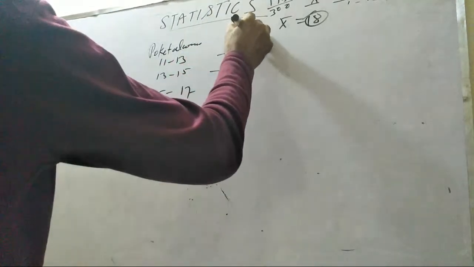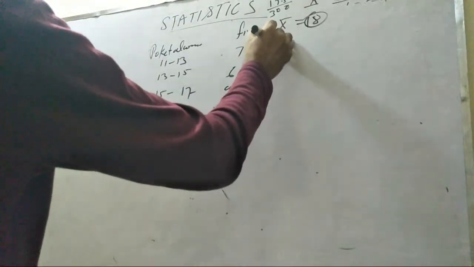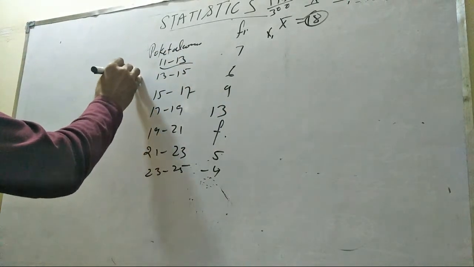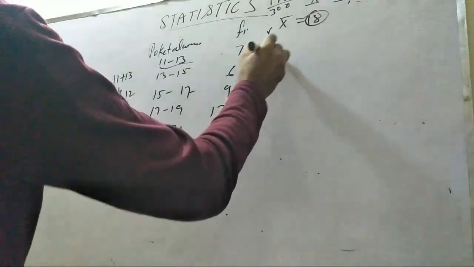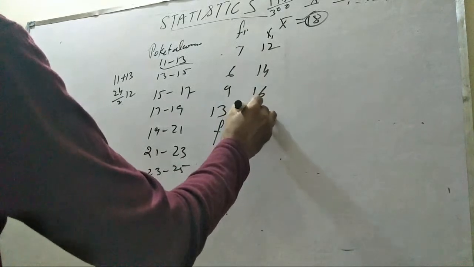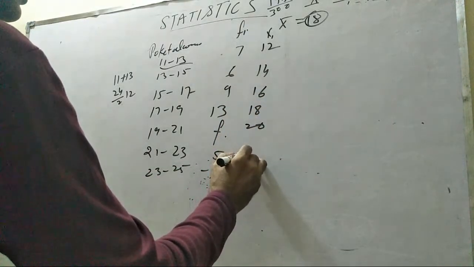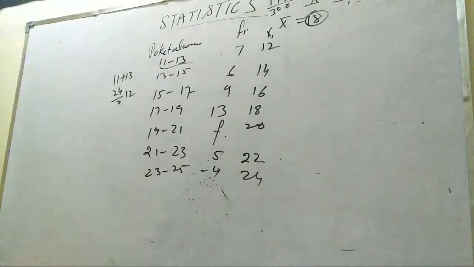This is the frequency, and we find the x1, the class marks: 12, 14, 16, 18, 20, 22 and 24. These are the x1.